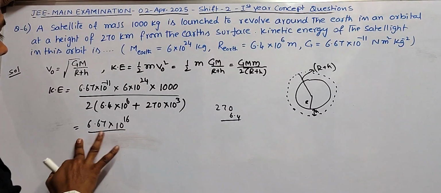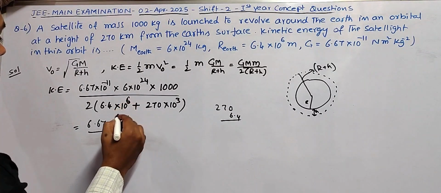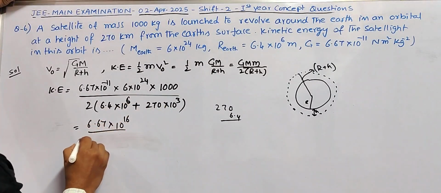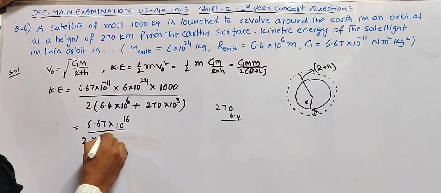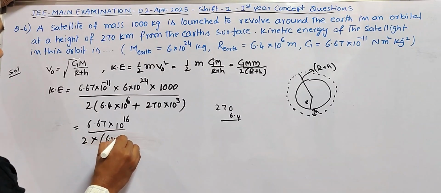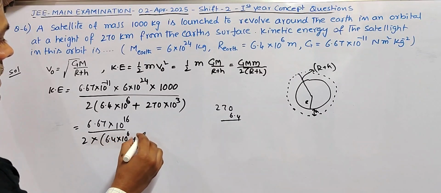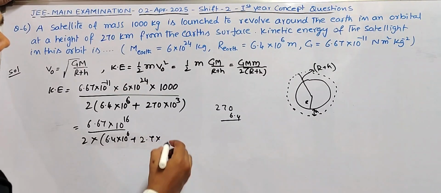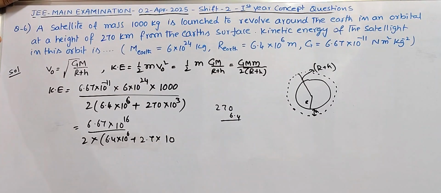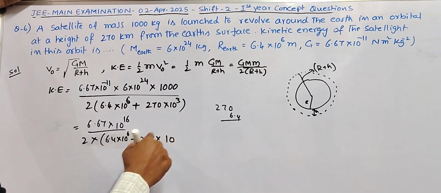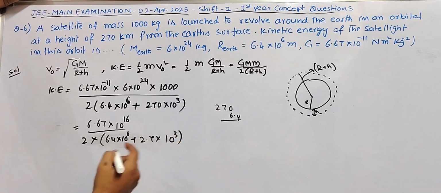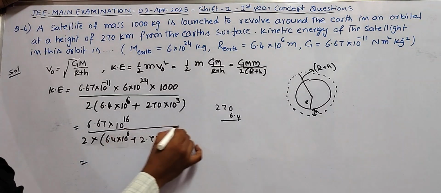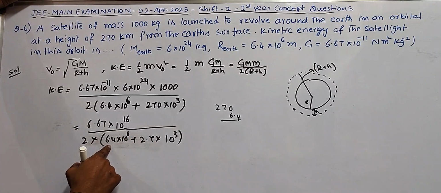So the value is 10 power 6. That means 2 into 6.4 into 10 power 6 plus 2.7 into 10 power 4, 10 power 3. So finally simplify this answer: approximately 27 plus 64, about 100.